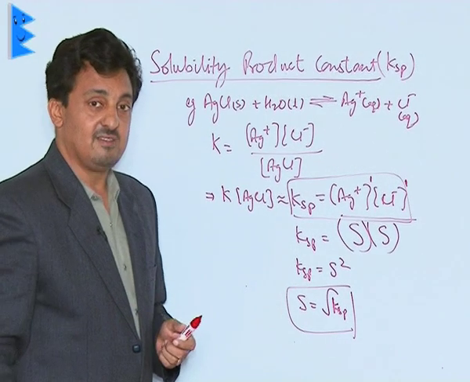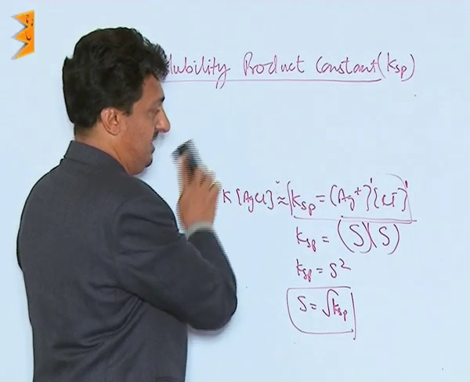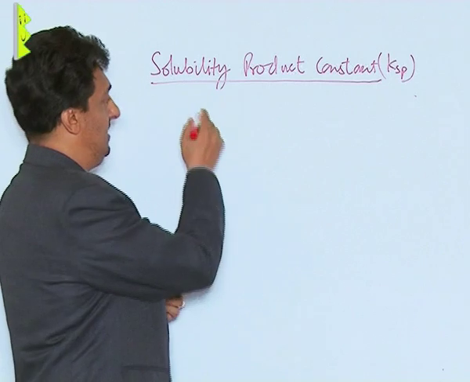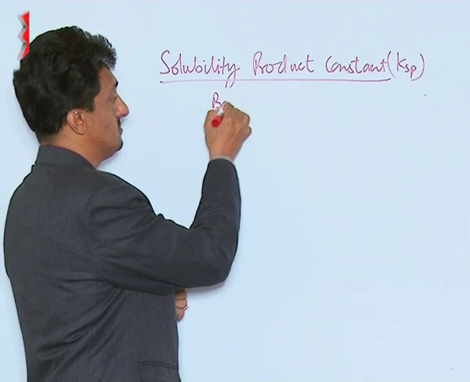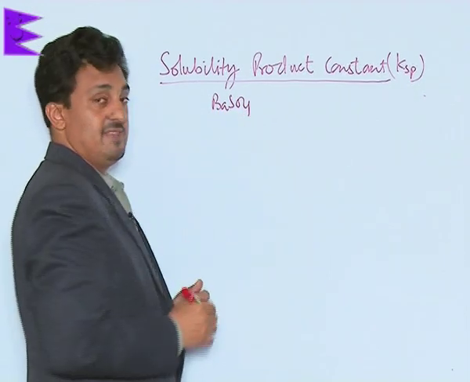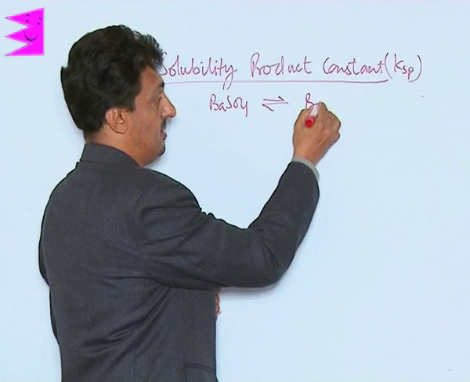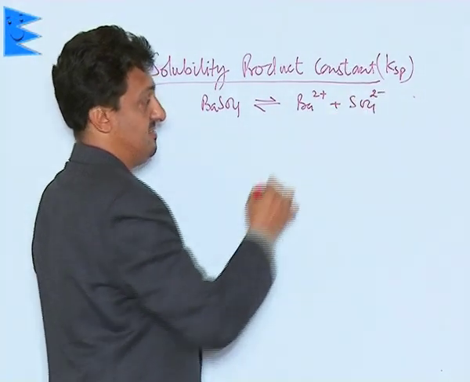Let me give you another example to find the expression for KSP. The example can be barium sulfate. This barium sulfate gives us barium ions and sulfate ions.